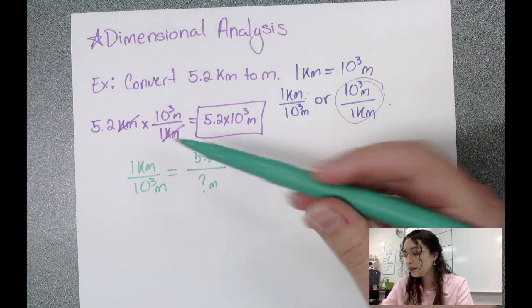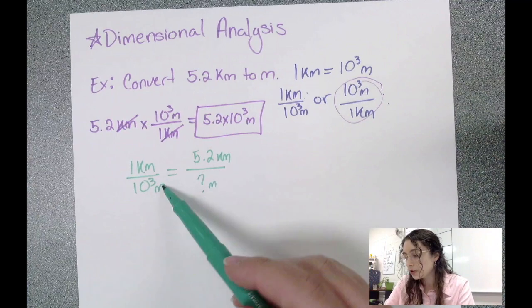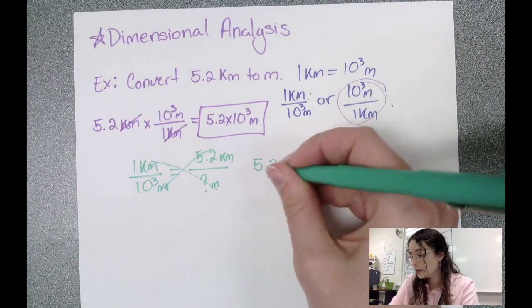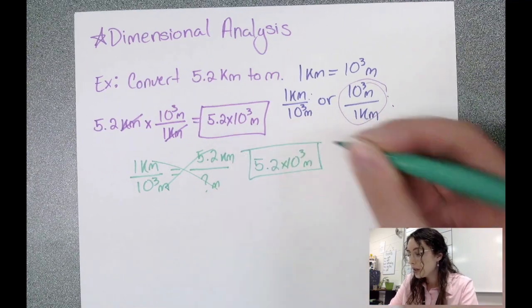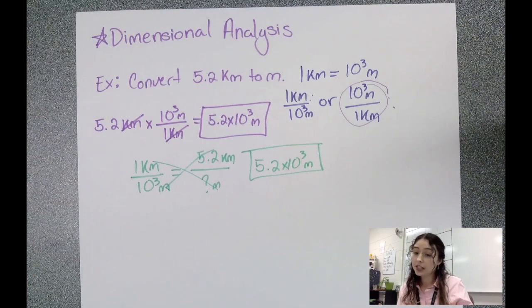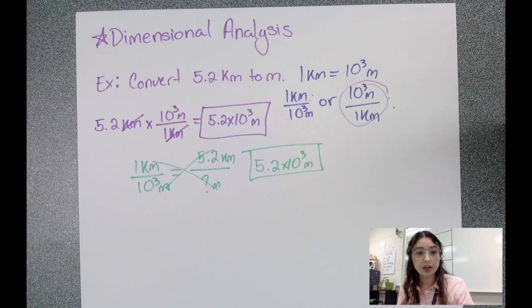Well, again, these ratios have to be equal to each other, so I can just do some cross multiplication, and I will still get an answer of 5.2 times 10 to the third meters. The only slight downside with using this method is it's not as clear what units you should end up with at the end. So you really need to make sure you're keeping a close track of that.